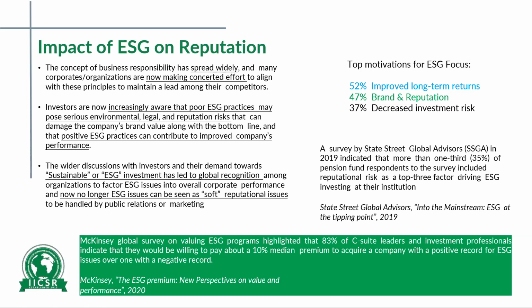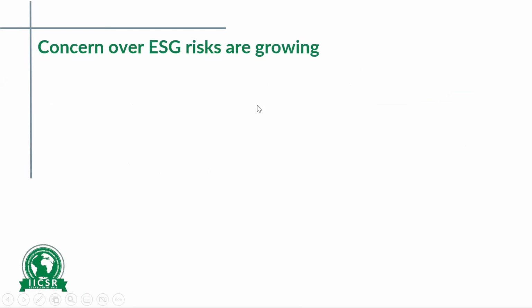So now we have understood how sustainability or ESG related aspects impact the company's reputation, right? Is that clear? Yeah, that's true. Now let's see what the different types of ESG risks are.